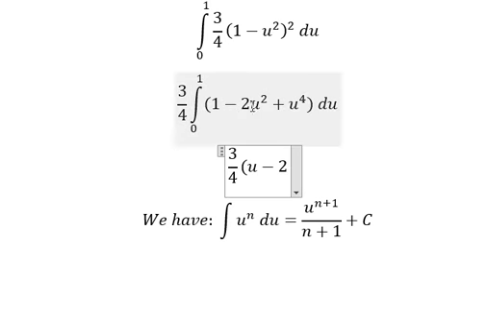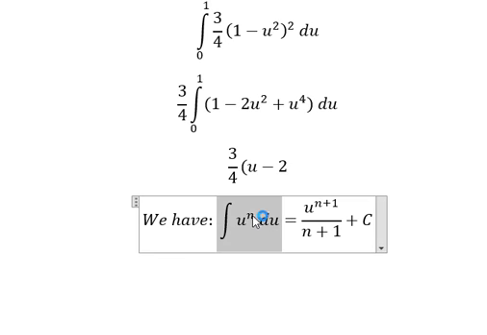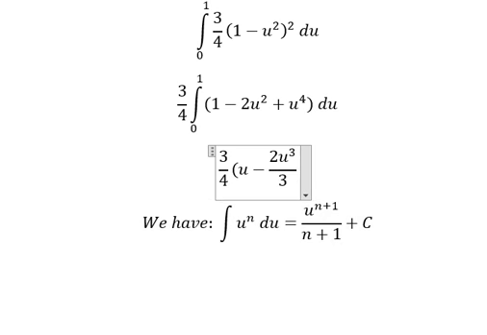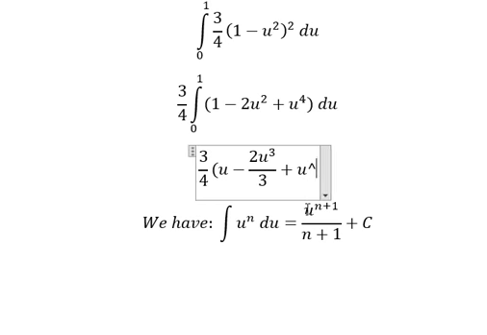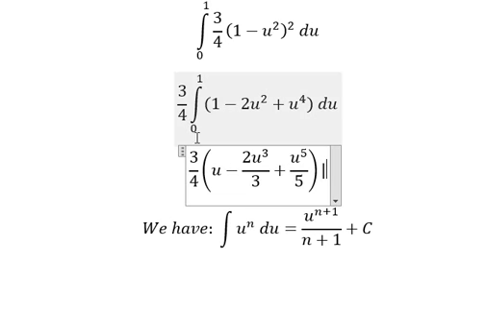The integration of u squared, we can apply in here. So we set n equals 2. So 2 plus 1 is 3, and 3 in here. The next one, we have 5. After that, we put the bounds from 0 to 1.